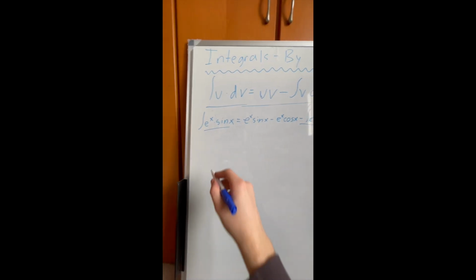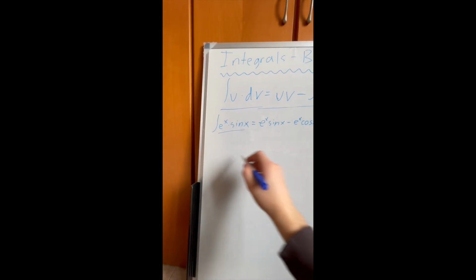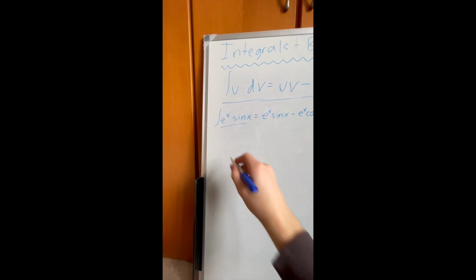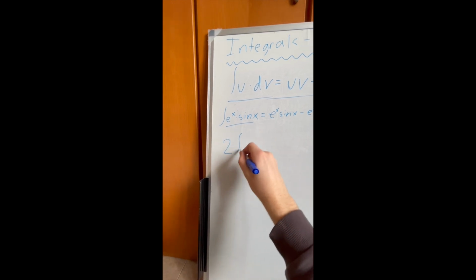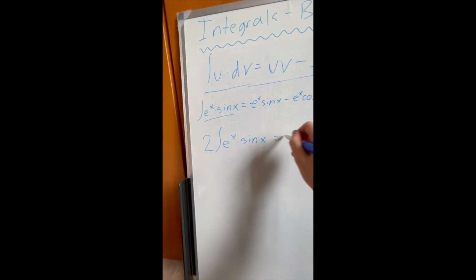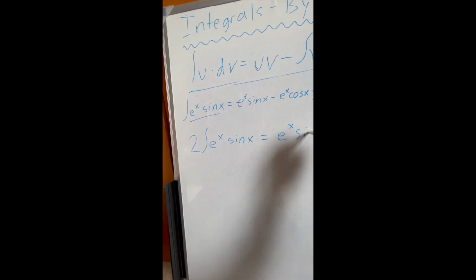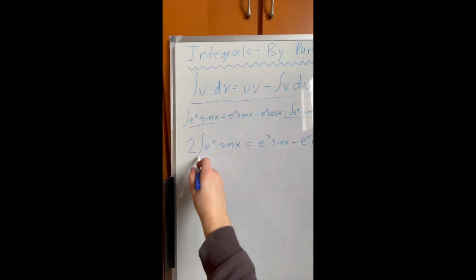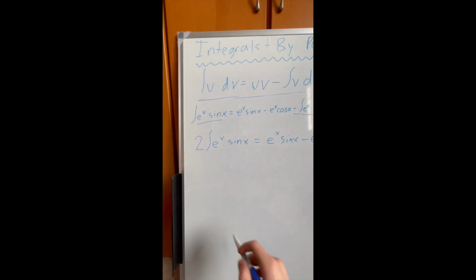Move this to the other side, which it would be adding, and e to the power of x times sine of x plus e to the power of x times sine of x is just 2 e to the power of x times sine of x, is equal to e to the power of x sine of x minus e to the power of x cosine of x. And now all you do is isolate this by passing the 2 to the other side, dividing.